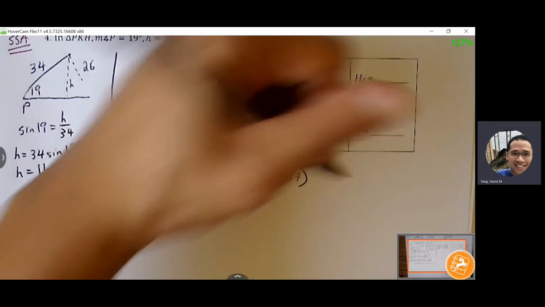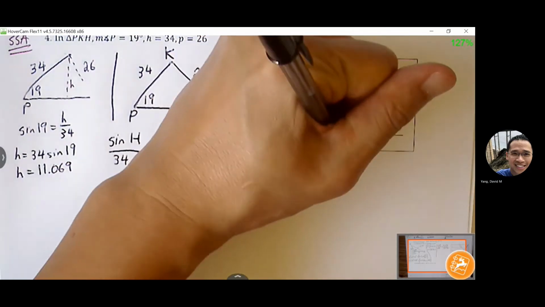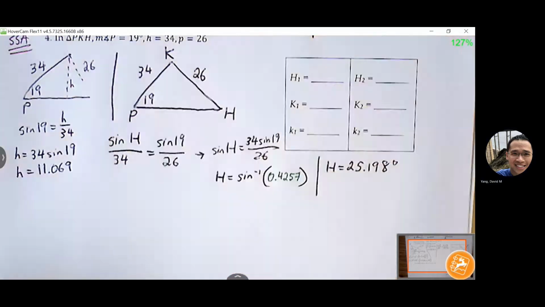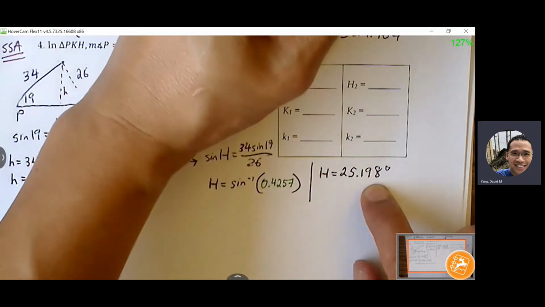25.197 or 198. Okay, so we have that angle figured out.